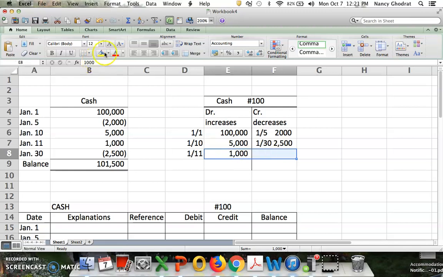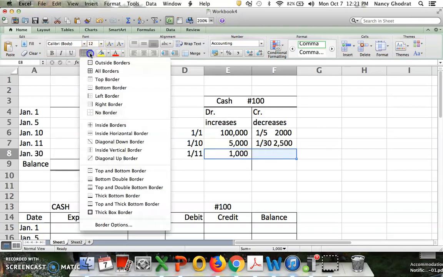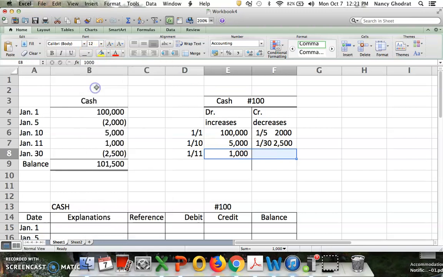Now, once you, on a T account, once you have all your numbers entered, you need to draw a line under both sides, the left and right side. And then since we know the numbers on the left for any assets are positive, we add them together. So 100,000 plus 106,000 on the left side, and we reduce it by the numbers on the credit side because we know numbers on the credit side for any asset are decreases.